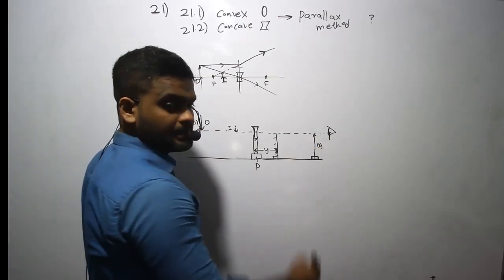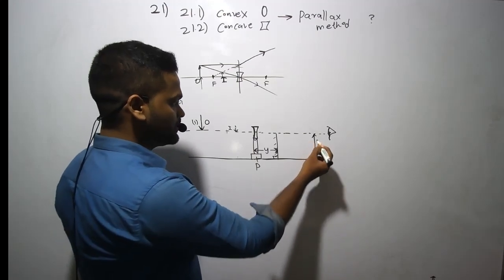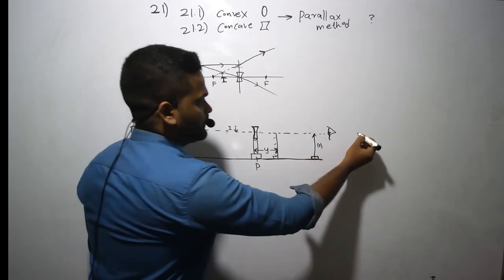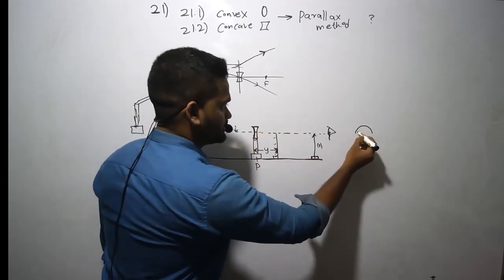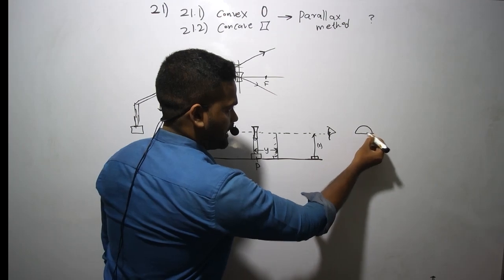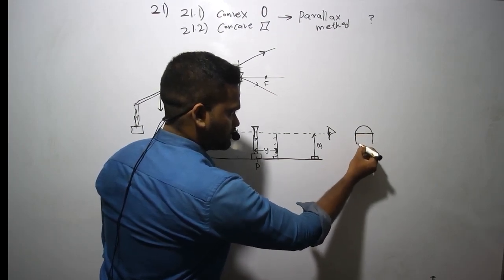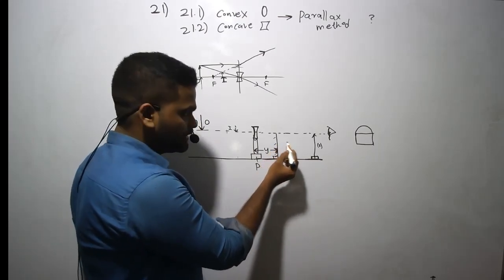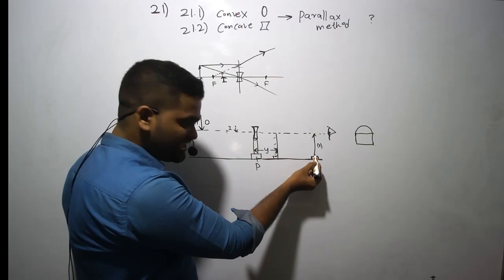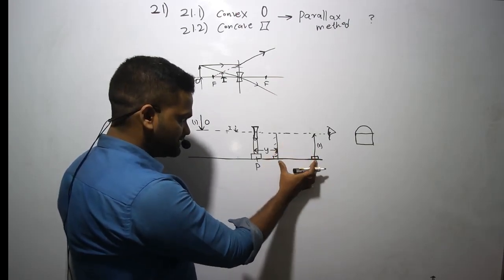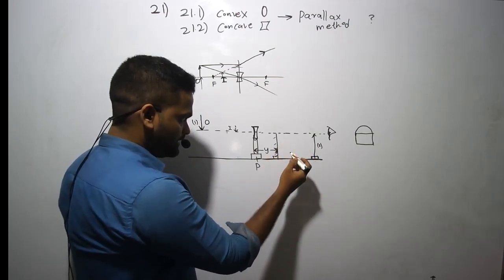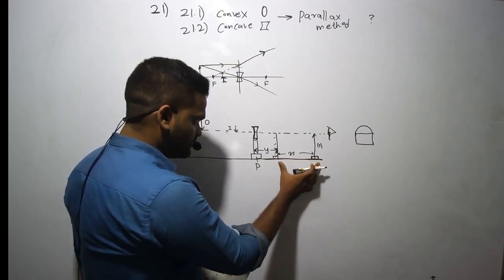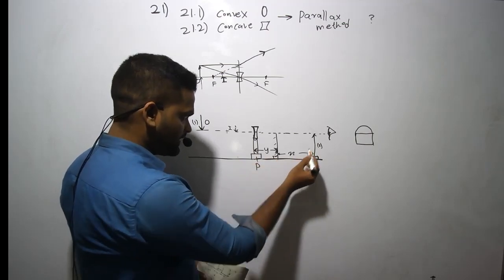So this is observing pin 2. What you are going to see is half of the mirror. Let's say this part is the half, and below that, this part of the lens. Through the mirror you will see an image of this pin 2 at an equal distance. Let's say this is distance x. At an equal distance from x to this side, you see the image of pin 2.